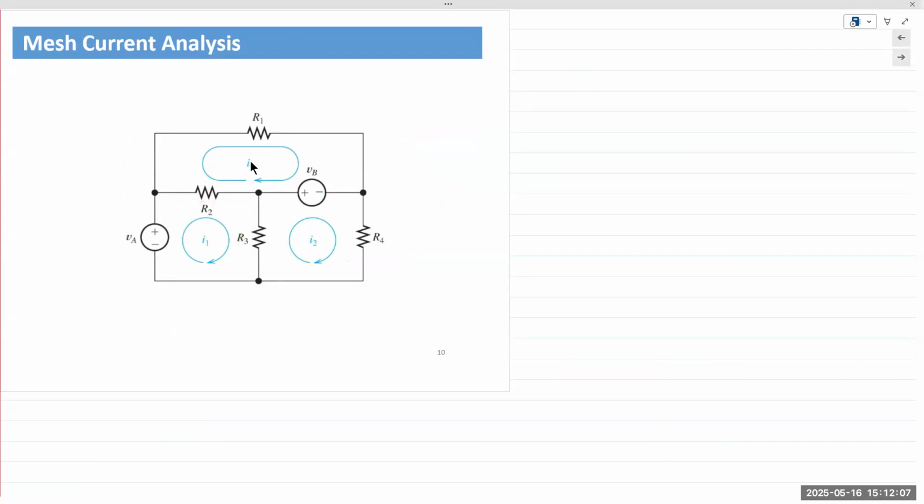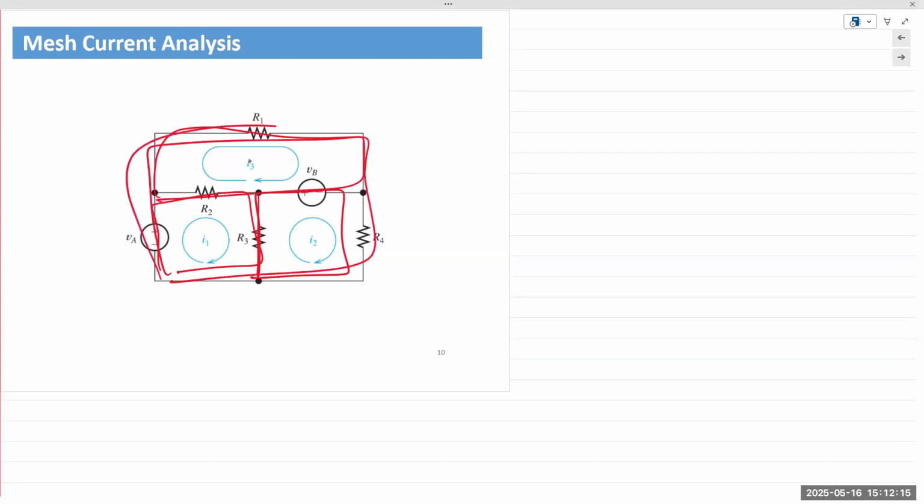In this circuit, we can identify that there are 1, 2, 3, 4, 5, and 6 electrical loops.